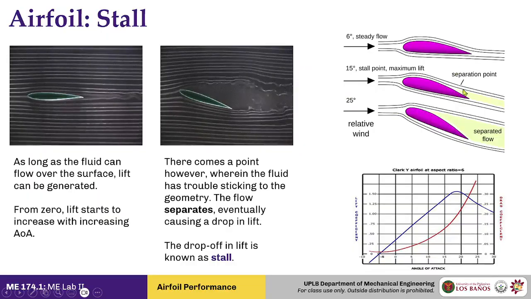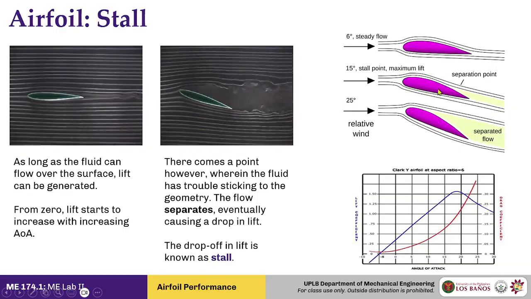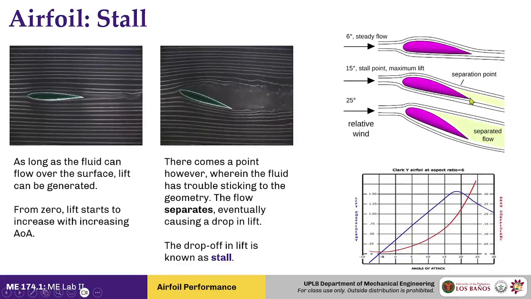Now, when it comes to the middle, this is what the image claims is when the airfoil generates its maximum lift. Now, take note of this. Even though it is generating its highest amount of lift in this angle, there is still part of the upper surface that is disengaged.